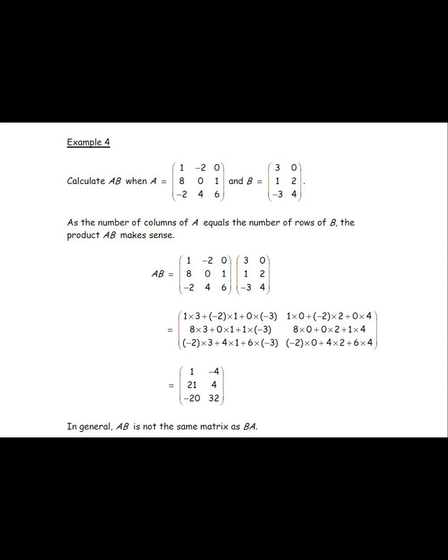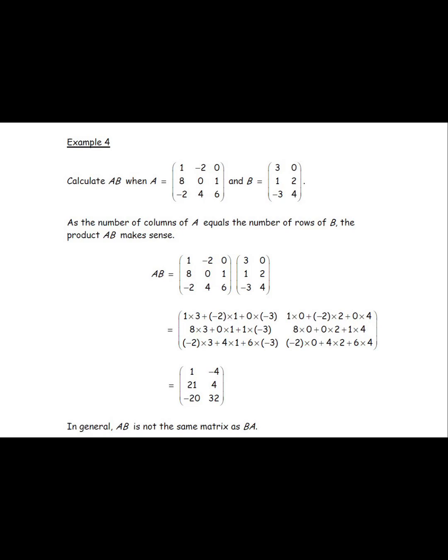So we need to multiply rows by columns. Here we have a row which contains the numbers 1, negative 2 and 0, which needs to be multiplied with 3, 1 and negative 3.